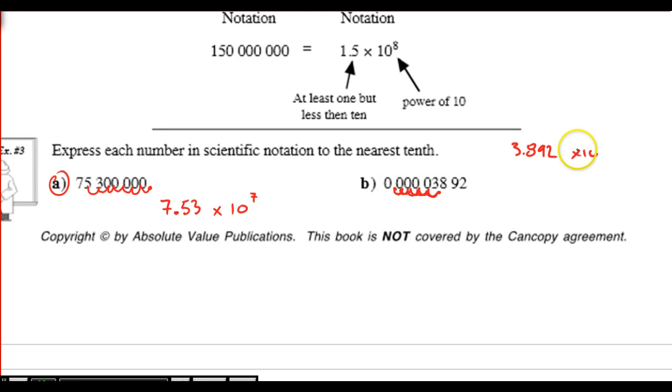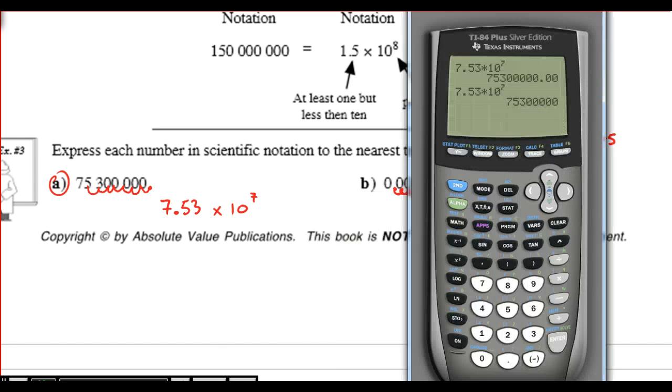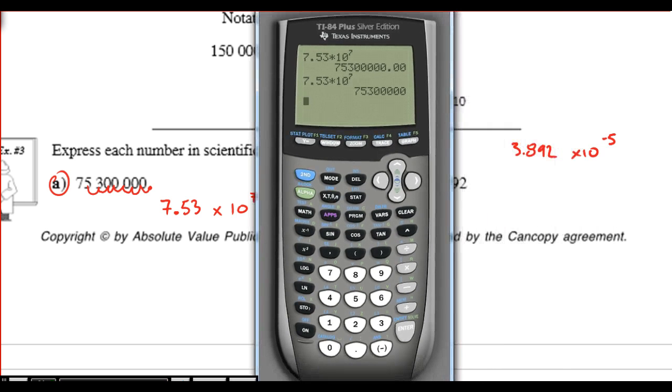So it's going to be times 10 to the power of, this time -5, because my number is small. Okay, and again, if you punch that in your calculator, you will see 3.892 times 10 to the exponent -5.